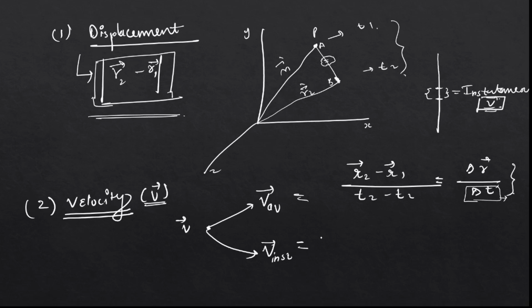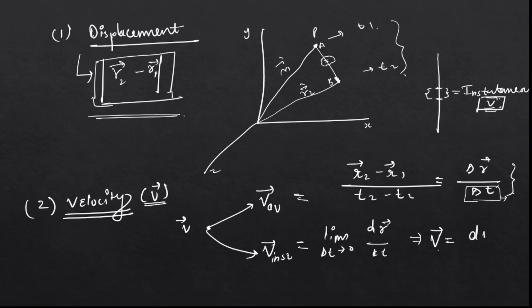Then what will happen when this delta t tends to zero? Then this will become very small or instantaneous. I could write this as dr upon dt. So this is the instantaneous velocity, which we generally consider in most of the derivations and most of the time when we are solving the questions, right?